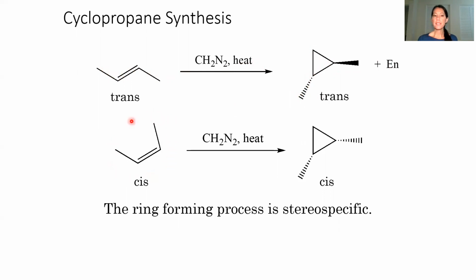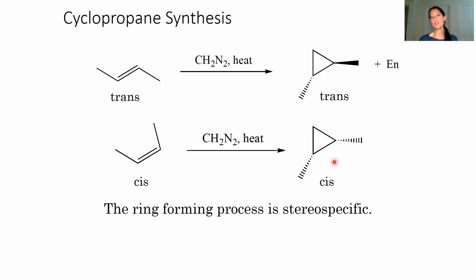If you start with the cis alkene, you can do the exact same cyclopropanation, but this time now the 2 methyls are syn to each other. There is no enantiomer in this case. The reason is this is meso, essentially achiral, because there's a plane of symmetry here.